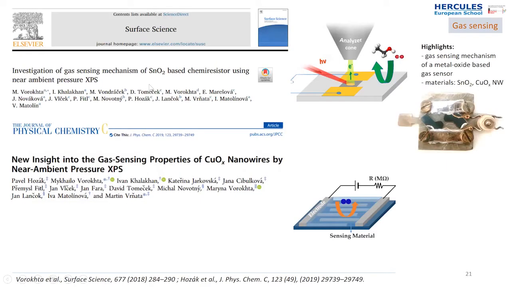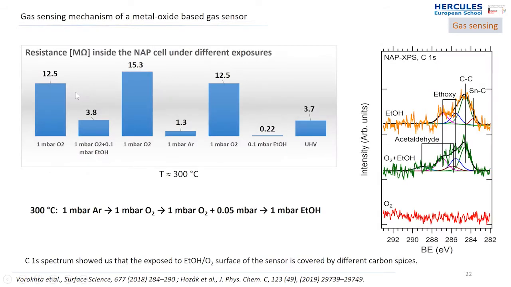Another example is from gas sensing. That's also quite a nice field of science, and it fits the purpose of near ambient pressure XPS perfectly, because the sensors change their property, mainly the resistance, based on the surrounding gas.